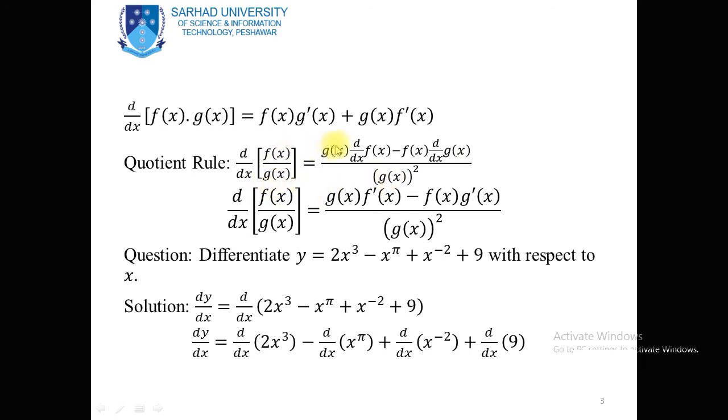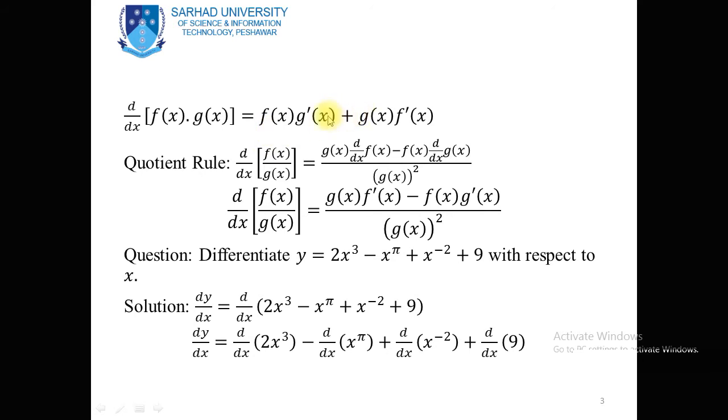So the denominator function will be as it is, and the derivative of the f function, which is the numerator. So g times derivative of f minus f times derivative of g, divided by the square of the function g. It is very easy to consider g as the first function and f as the second function.